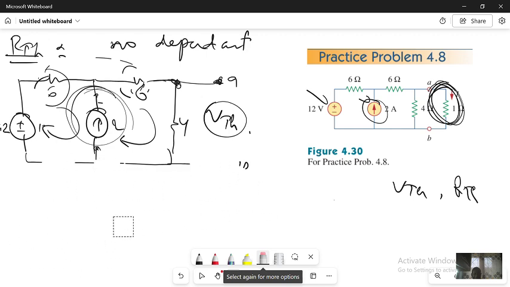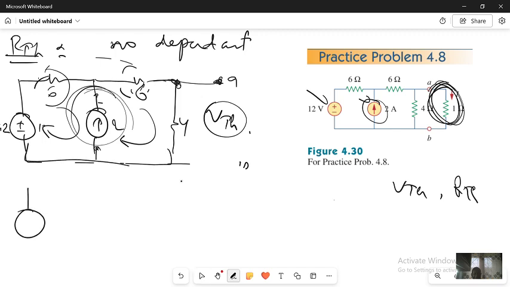Since I'm going to remove this one, my circuit is going to be this one: minus 12, 6, and 6. Before it was supposed to be 6 plus 6, it was supposed to be 10. 6 plus 6 plus 6 is going to be 12.